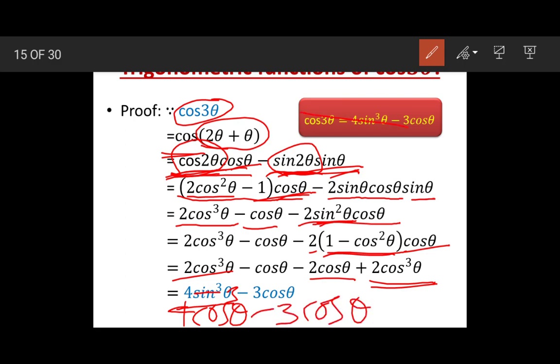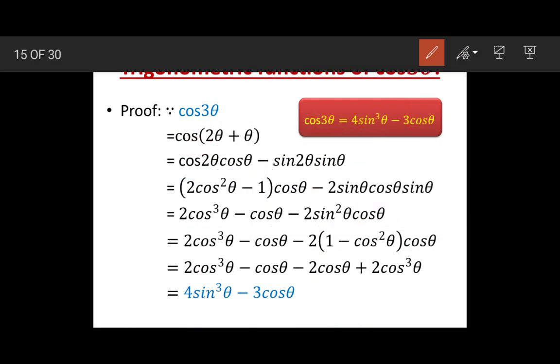Okay, so formula is, this is wrong, formula is cos 3 theta is equal to 4 cos cube theta minus 3 cos theta. So just check the formula. It should be cos 3 theta is 4 cos cube theta minus 3 cos theta, opposite of sin 3 theta.